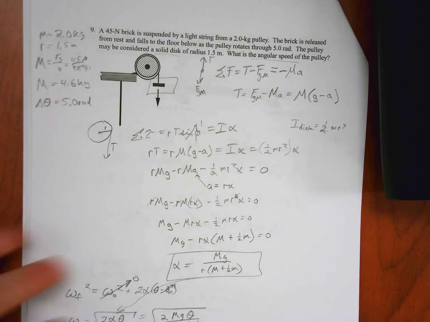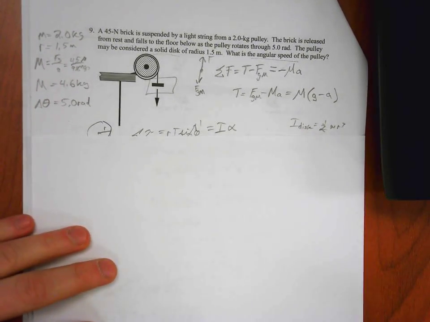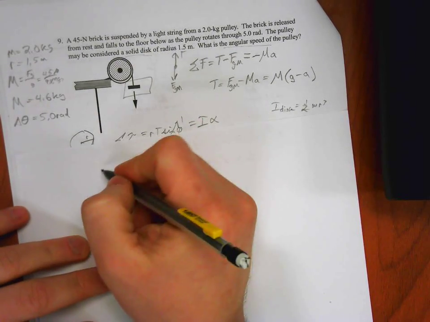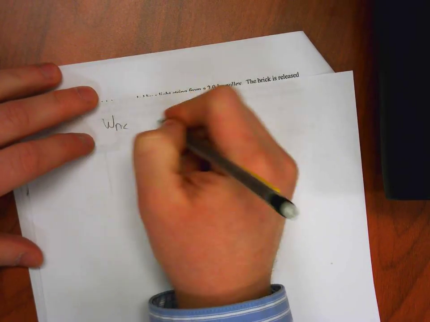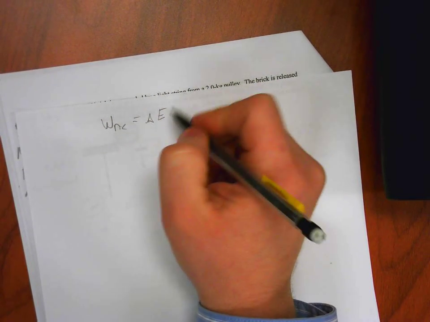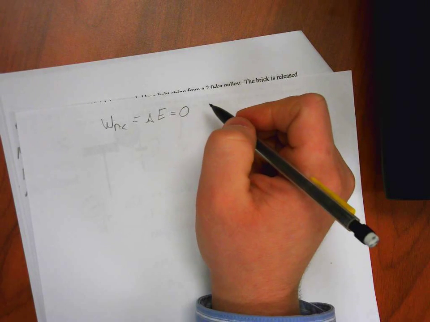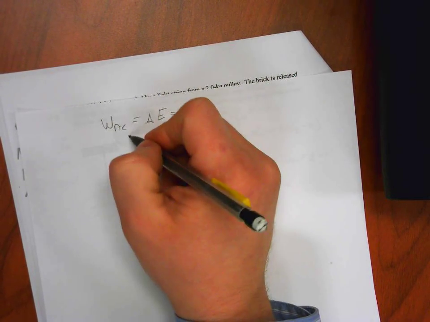We can use energy considerations. So we look at the work from non-conservative forces, and that is equal to the change in energy, and this is equal to 0 because there are no non-conservative forces here. No friction, nothing like that.